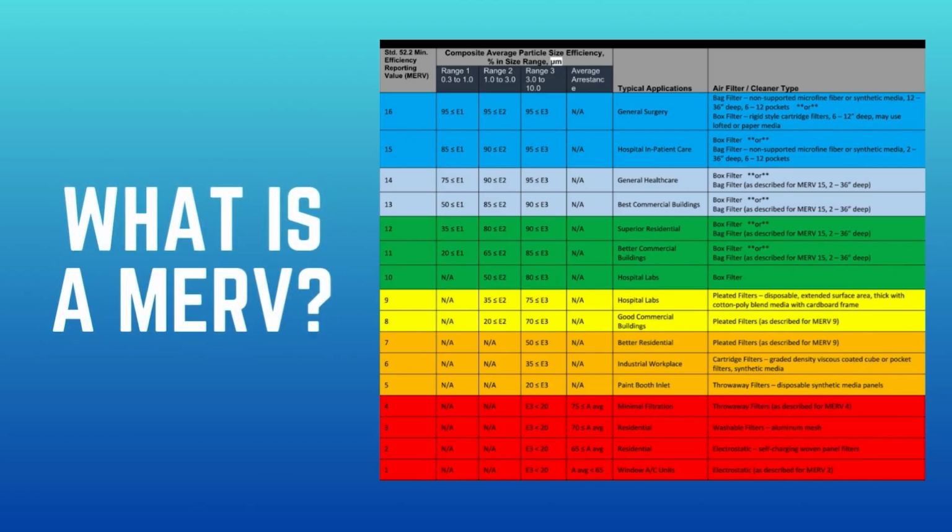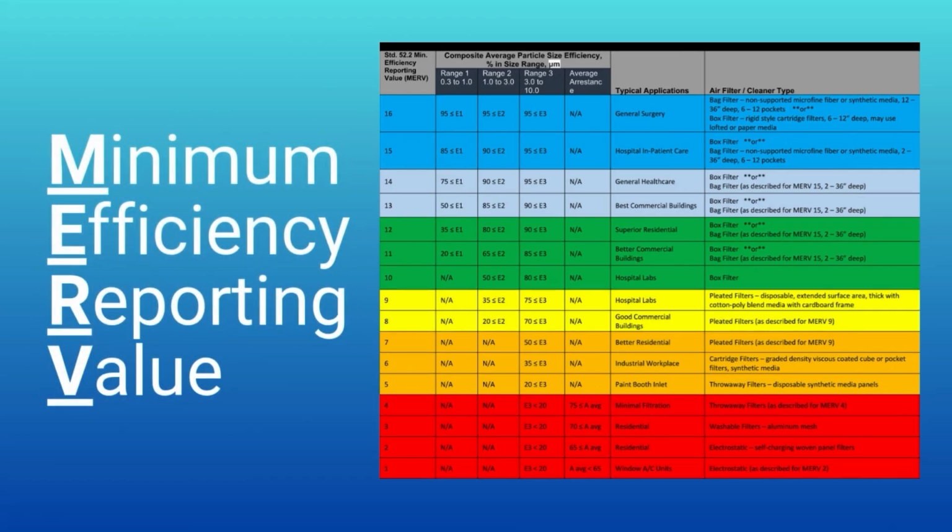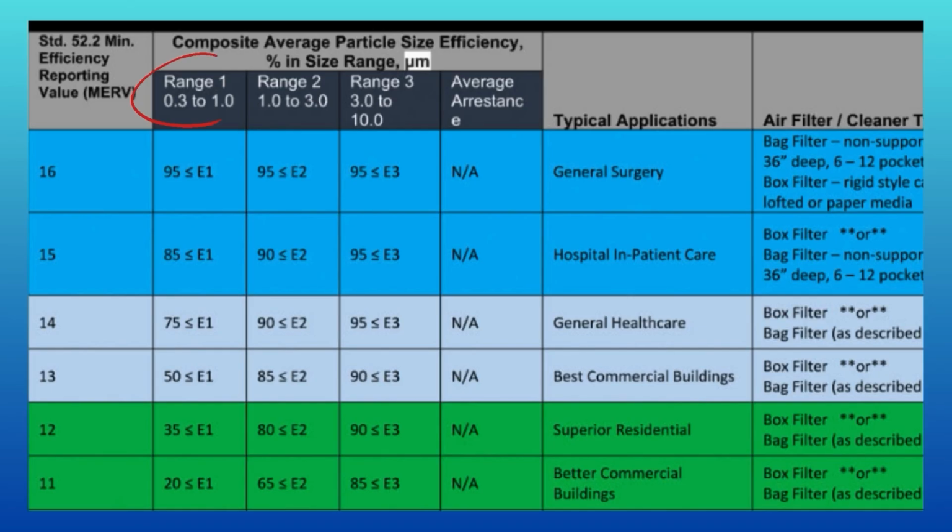Take a look at this slide, and in this slide, you'll see that the MERV rating system stands for Minimum Efficiency Reporting Value. And if you take a look at the slide, you'll see that there are three columns that we need to focus on.